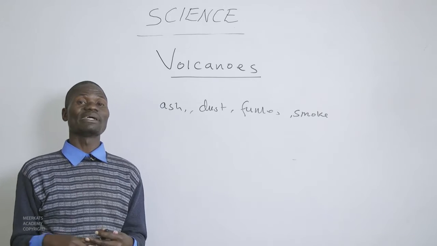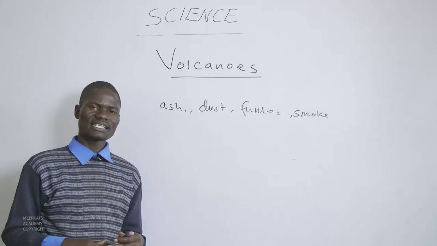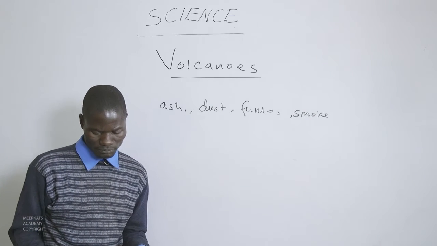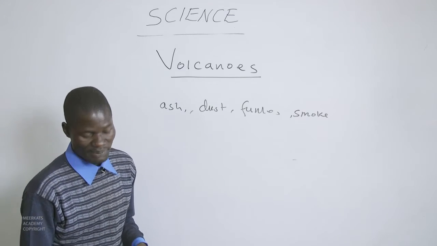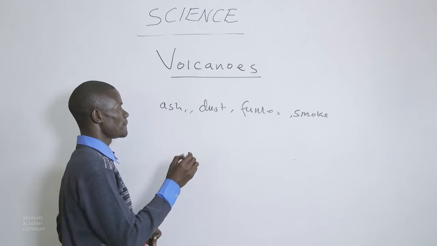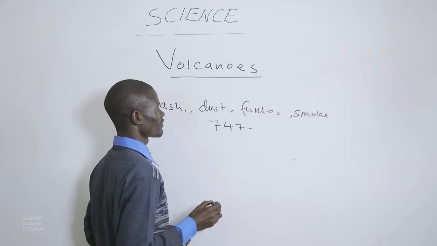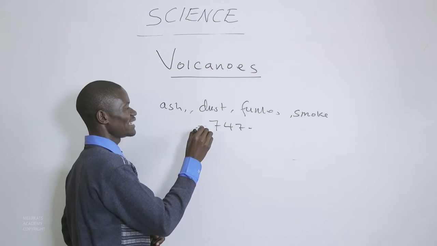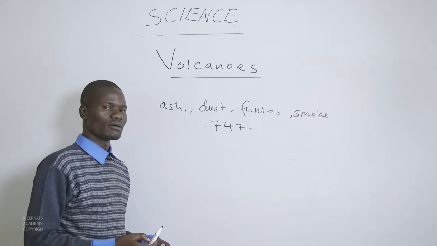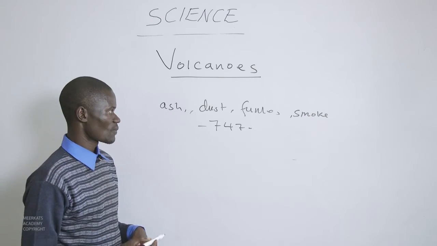Also, some airplanes may not be able to move. For example, in a certain year, during the eruption of Mount Pinatubo in the Philippines, there was an airplane, a Boeing 747, flying across the region where the smoke was.